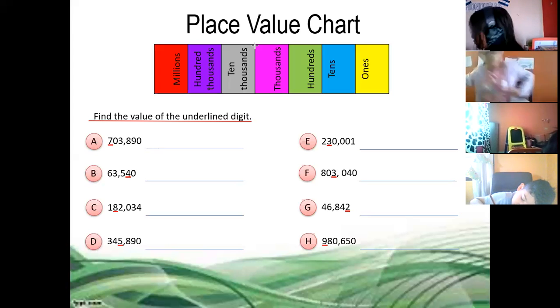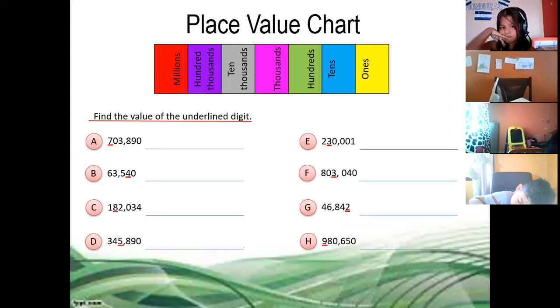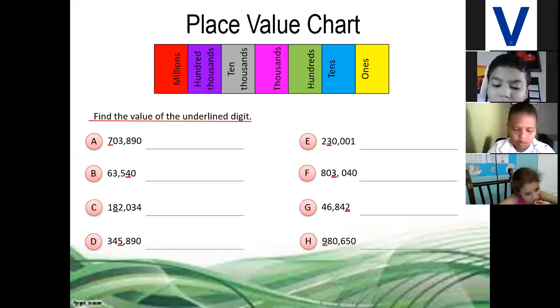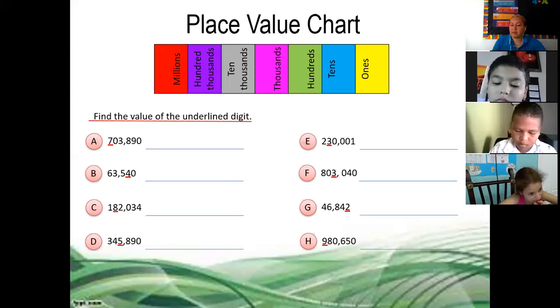So the first one is 703. Don't forget the comma. 703,890.